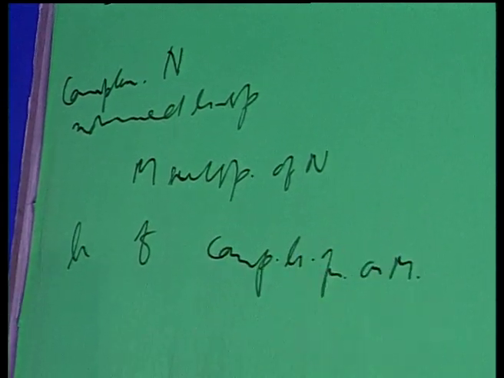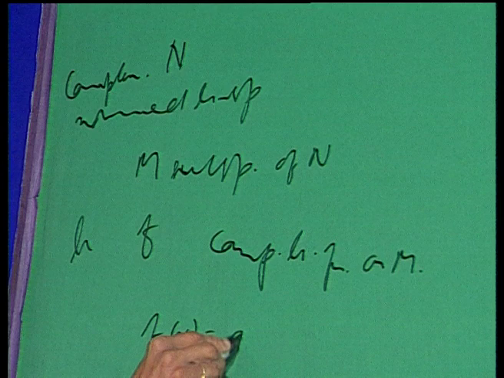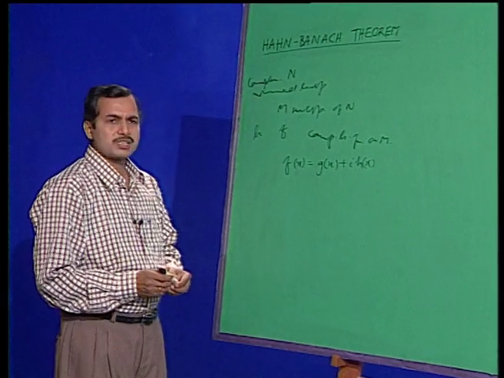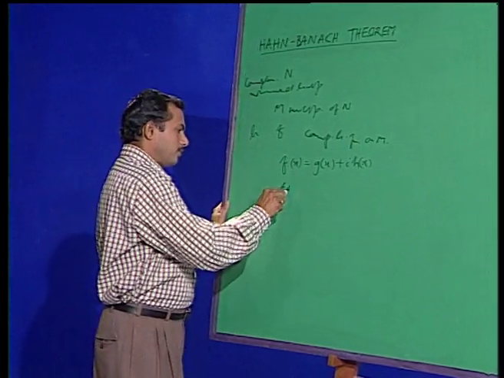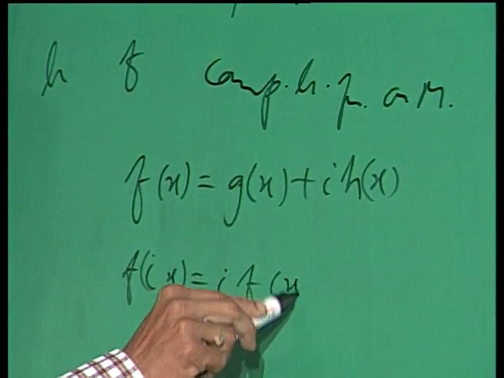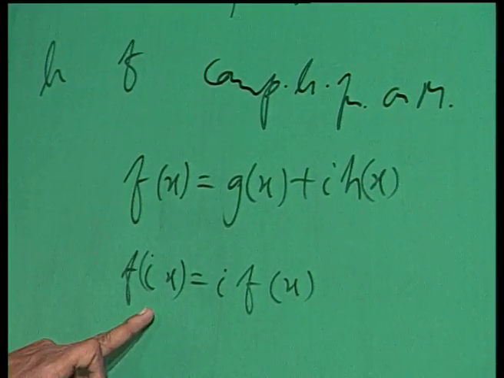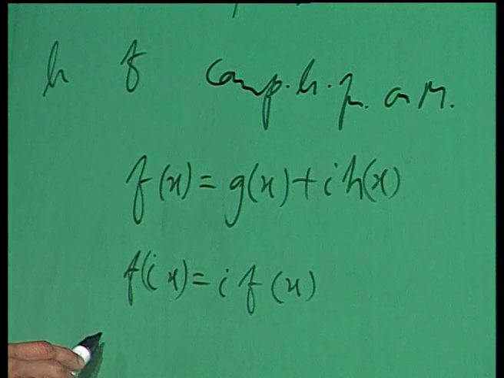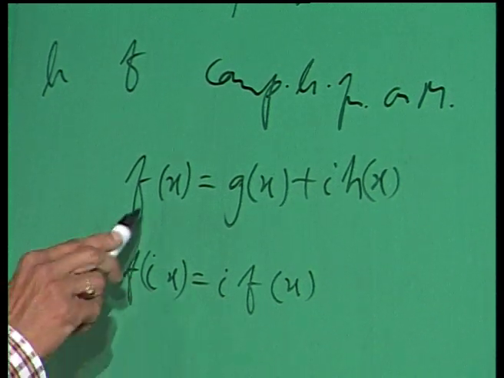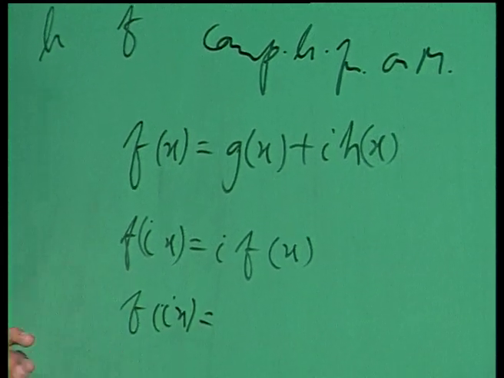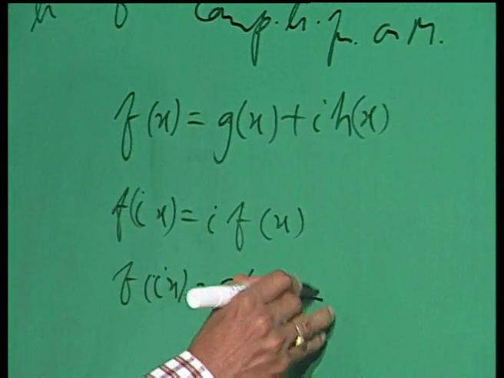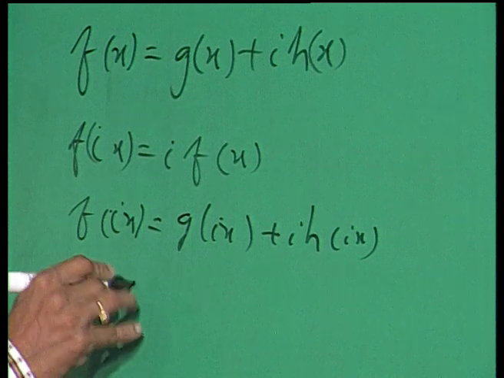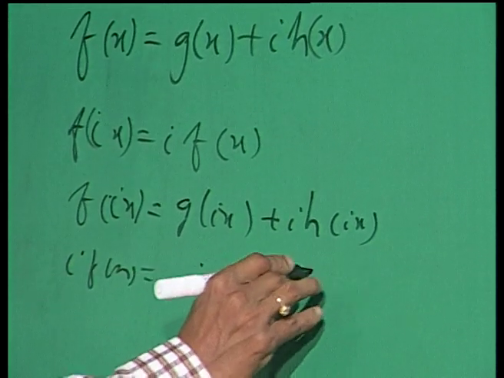on capital M, then we have f of x equal to g of x plus i times h of x. We are saying f is a complex linear functional. Therefore, we have f of i x equal to i times f of x, and if we compute f of i x, then it is g of i x plus i times h of i x, and this i into f of x becomes i into g of x minus h of x.